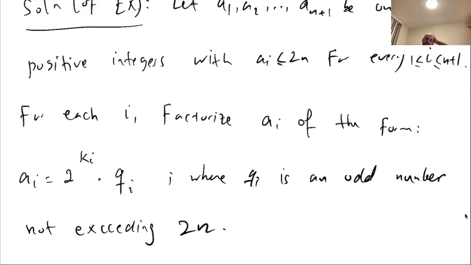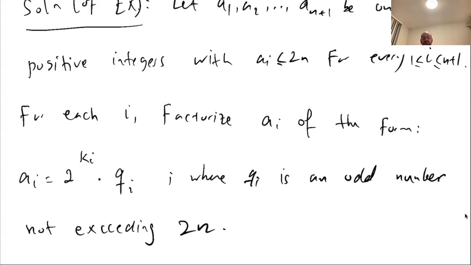So basically, I'm saying that each ai is a positive integer, right? So take all the factors of 2 out. Each number has a certain number of factors of 2, right? If you take all of them out, then the remaining number will be an odd number.